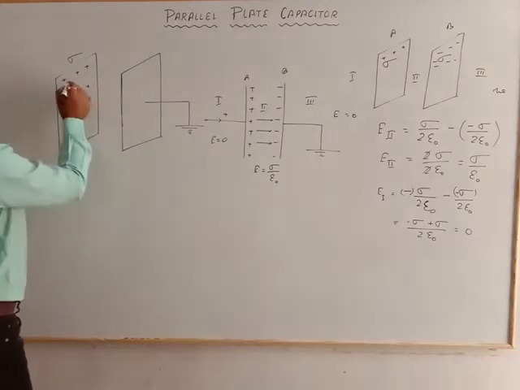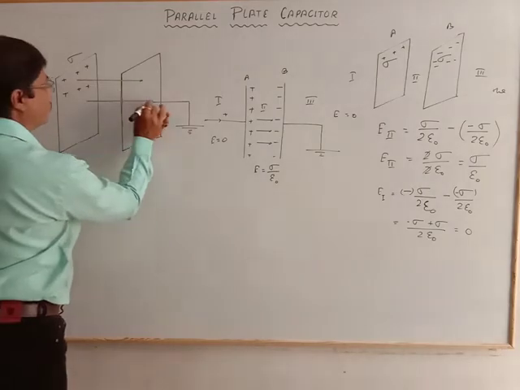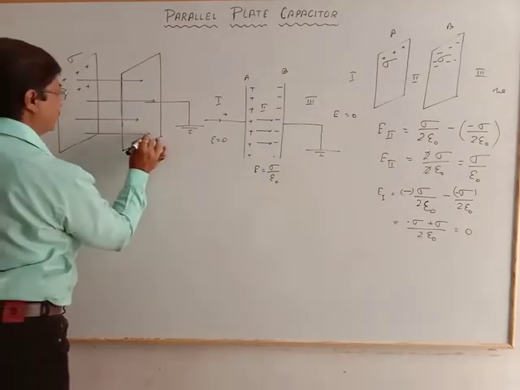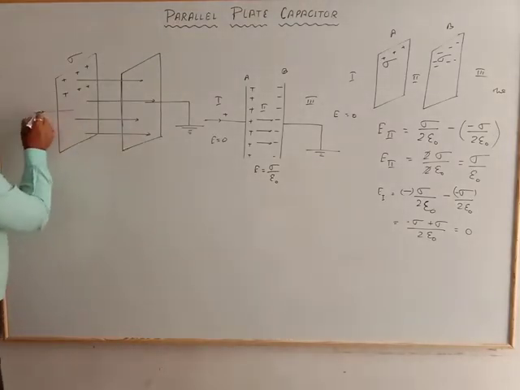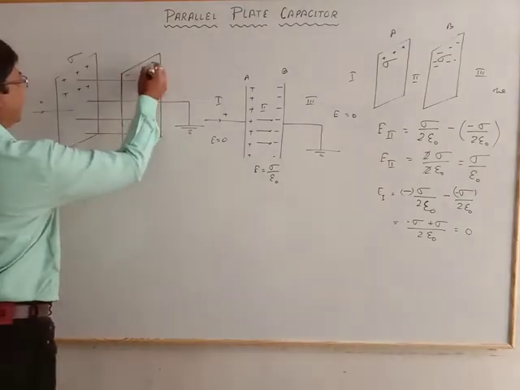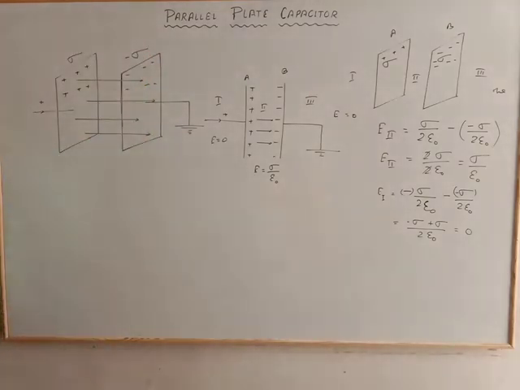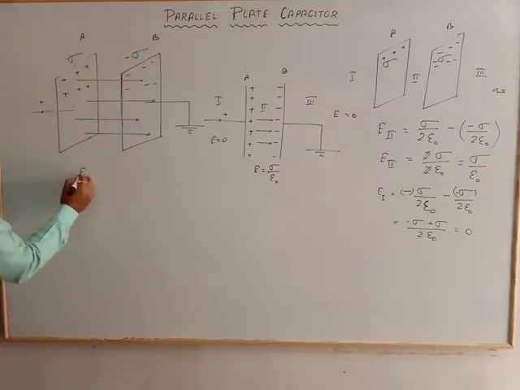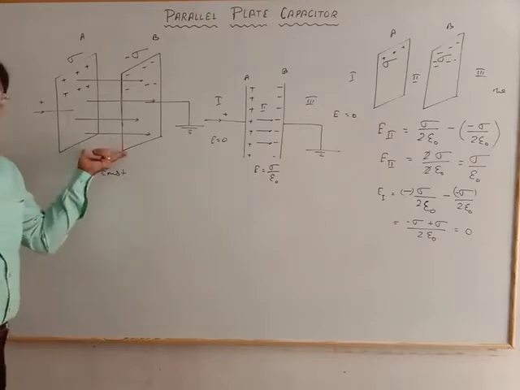In that case, the field lines will be shown here, and these field lines are constant. So the electric field in between the plates, the positive plate and the negative plate with the negative charges, is sigma for plate A and minus sigma for plate B. So electric fields are constant between the two plates.